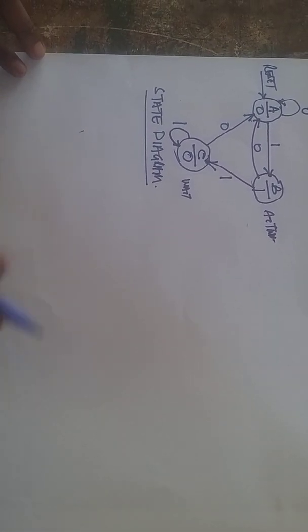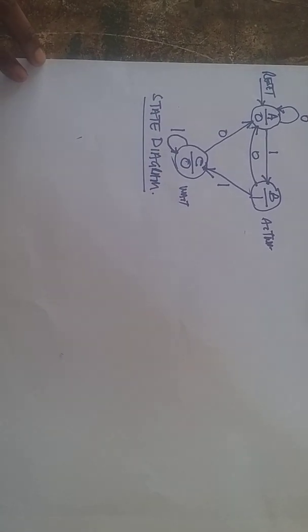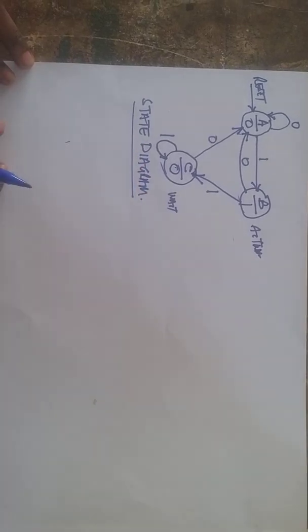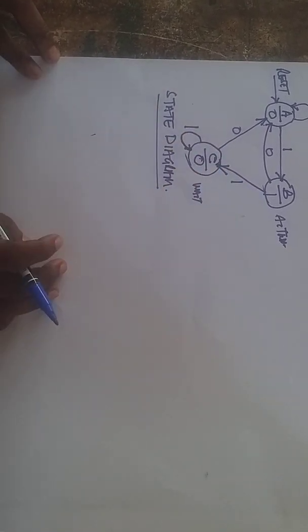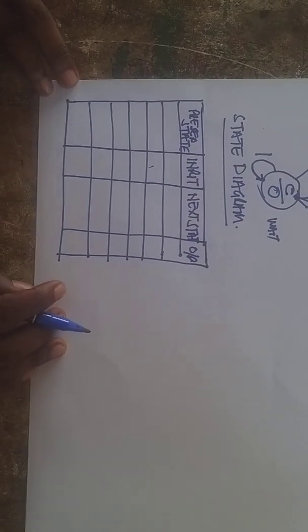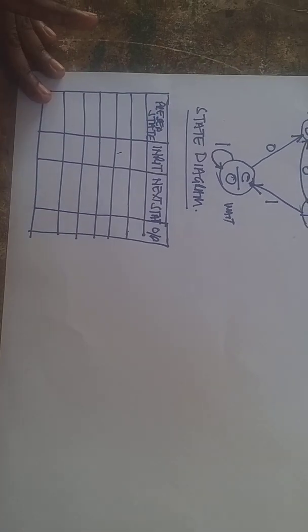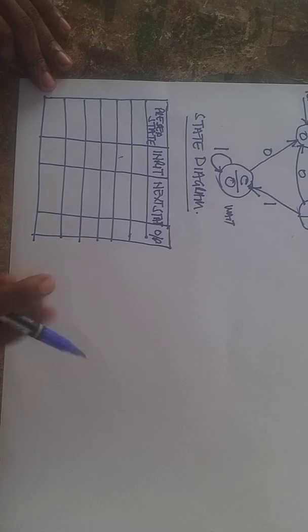Now from the state diagram, what we come out with is the state table. So we are going to derive the state table from the state diagram. Let's fill it.